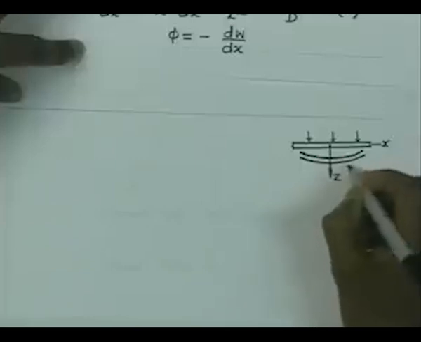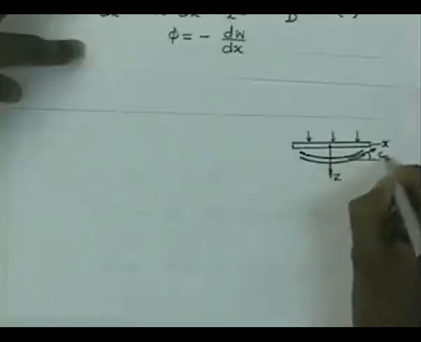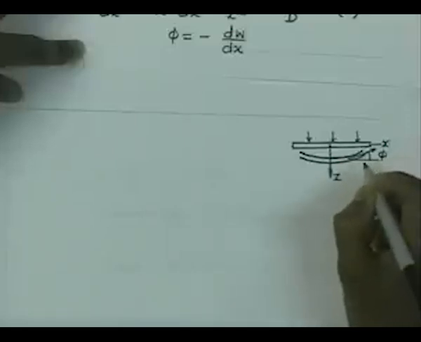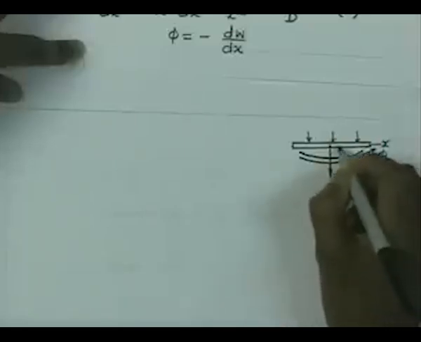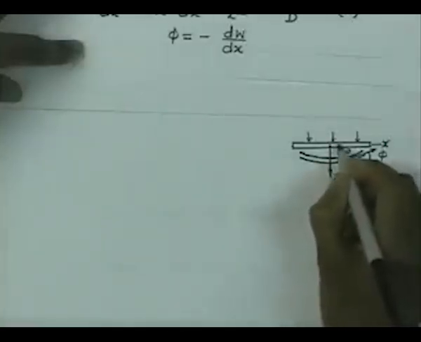Therefore, the slope at any point is like this. That is what is phi, and phi is equal to minus dw/dx, because we consider w to be this distance, that is the distance of the deflection of the center from the original position.